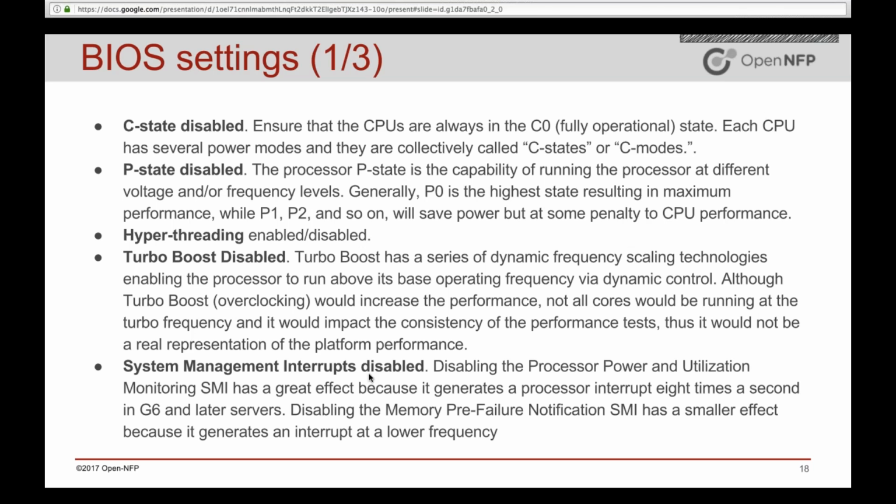And these cover 2 areas. One is disabling all of the available power management capabilities of the processor. You do not want the processor to throttle down when there's a brief lull in traffic, and then when you start sending packets again, while it takes a very small amount of time to get back to full performance, during that time it will drop packets.